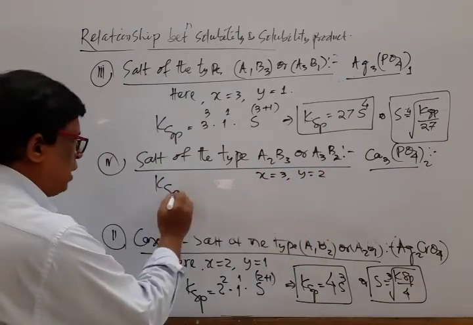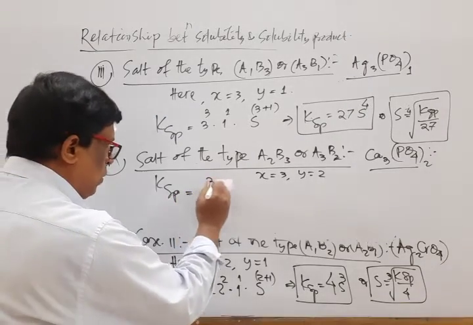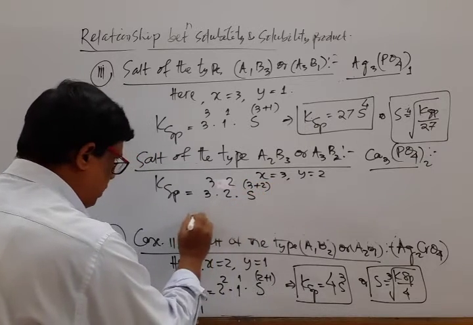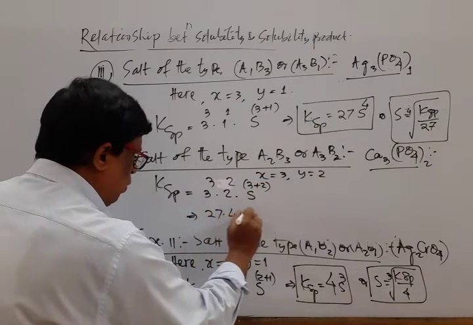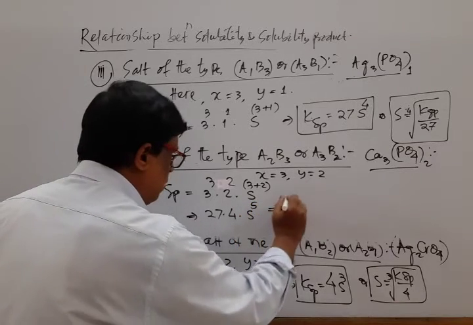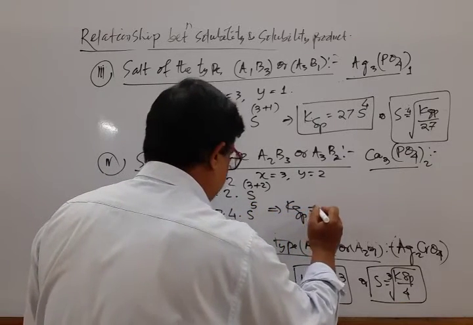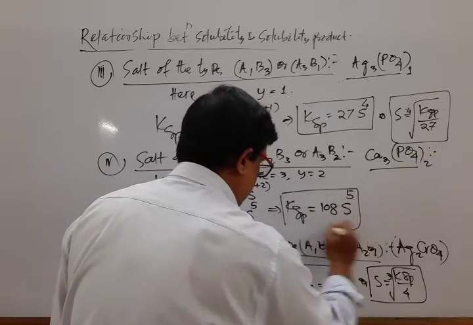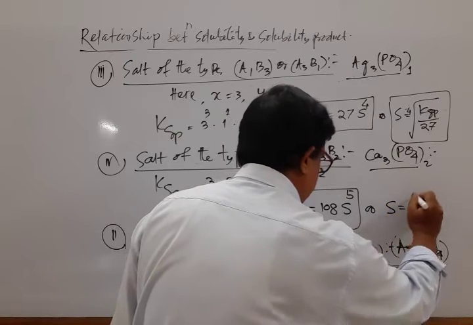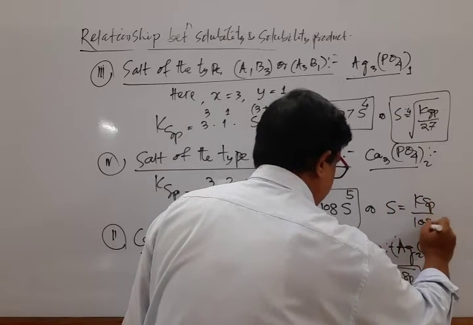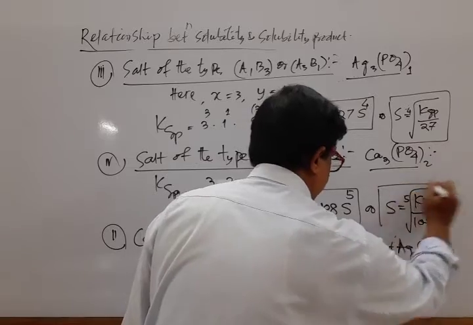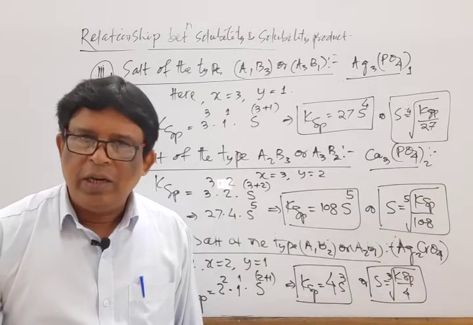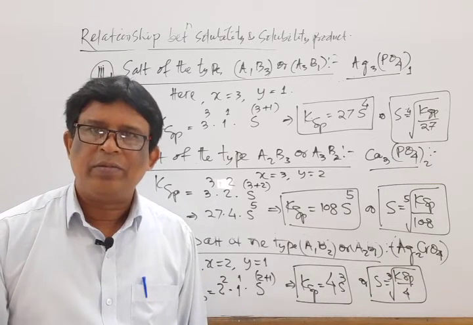Putting this value, we have Ksp is equal to 3 to the power 3, 2 to the power 2 into s to the power 3 plus 2, which implies 27 into 4 s to the power 5, so Ksp is equal to 108 s to the power 5, or solubility is equal to the fifth root of Ksp by 108. These are some relationships between the solubility and solubility product.